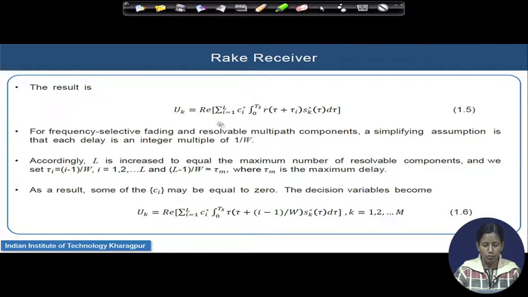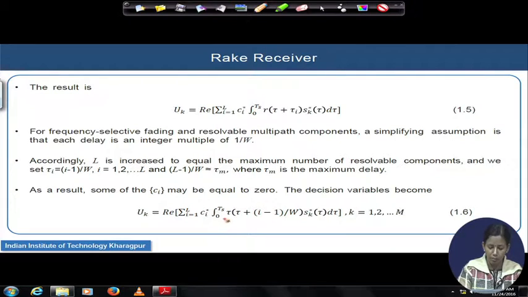If I go ahead with equation 1.5, we may see that some of the components coming from the channel, the c_i values, may be equal to 0 also, and the decision variable can finally be written like this, where this will not be tau, this will be small r.